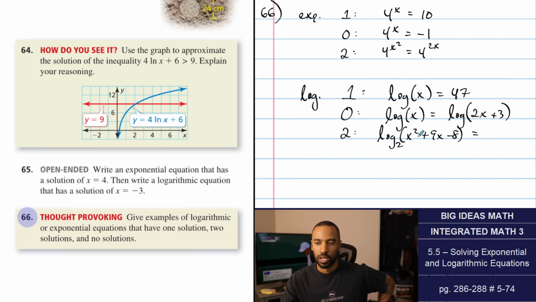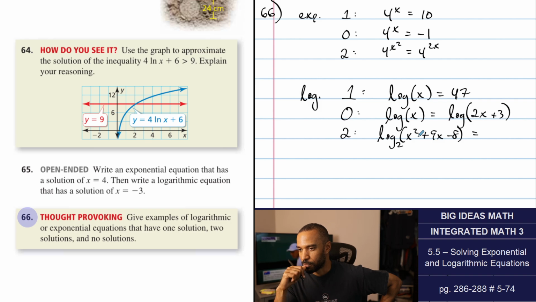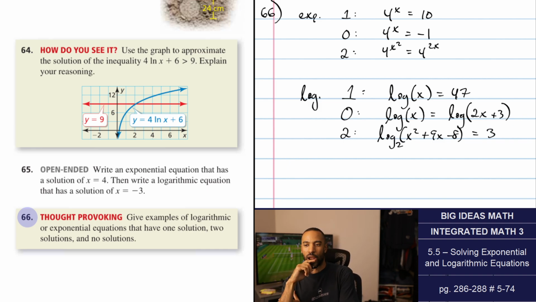Log base 2 of this, and then let's even make it factorable. Plus 9x minus 8, I would have to subtract something over here. Maybe it doesn't have a proper solution or set of rational solutions, but I think that would still have 2 solutions. It's still a quadratic you can solve. That would be 2 cubed, which is 8.